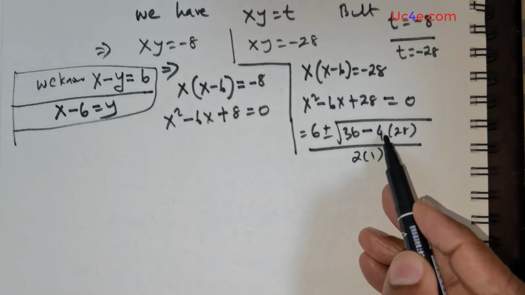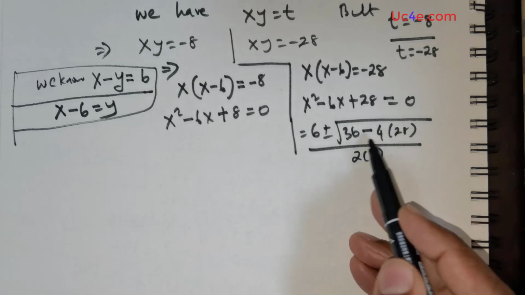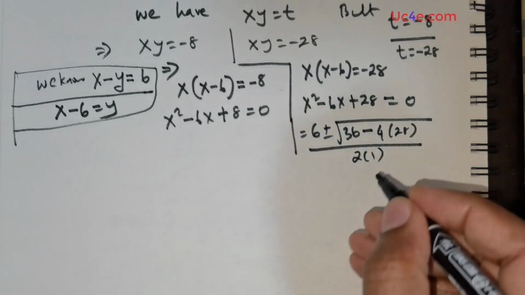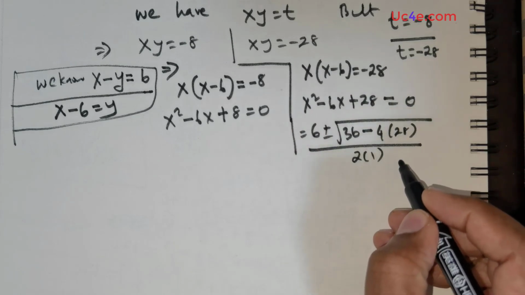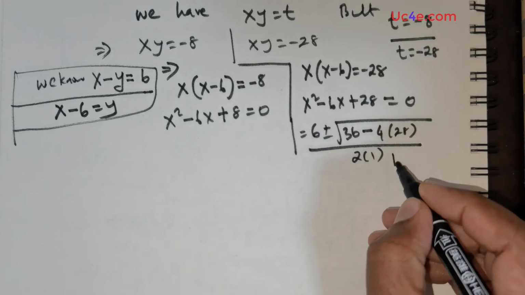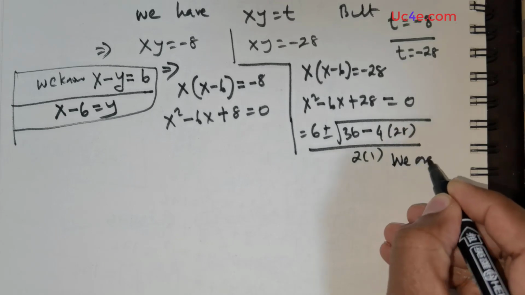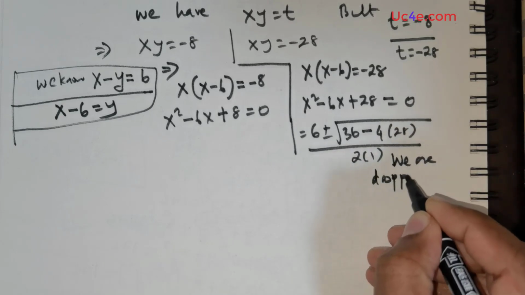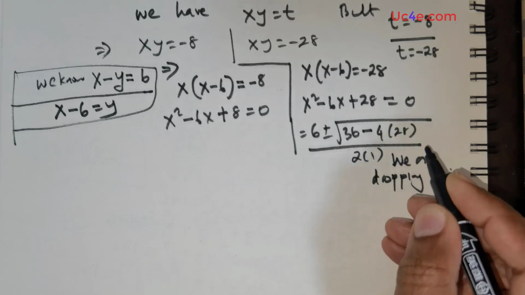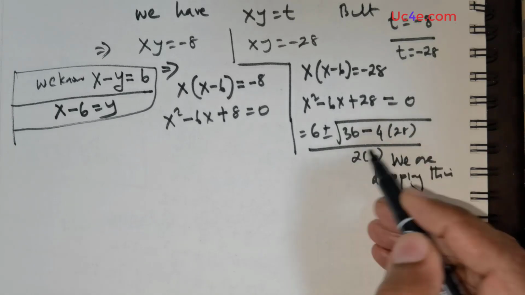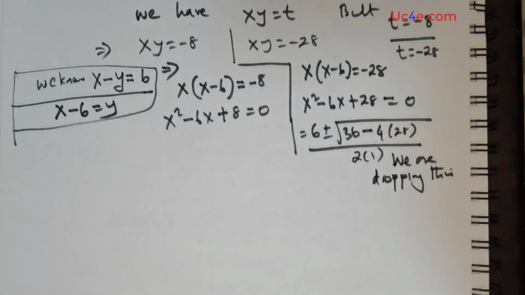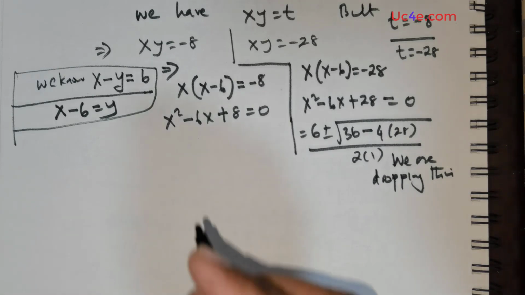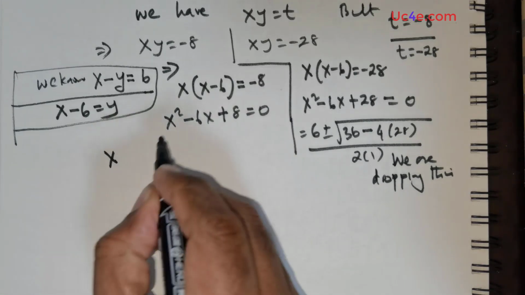So clearly you can see that this is going to be a negative quantity, but we want only real x. So this has to be dropped. Why are we dropping this? Because this is producing complex roots, and we don't want complex roots. We want only real values of x.